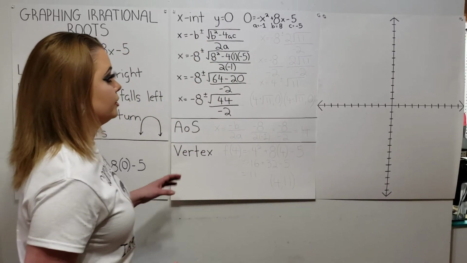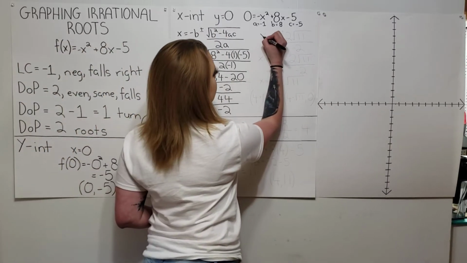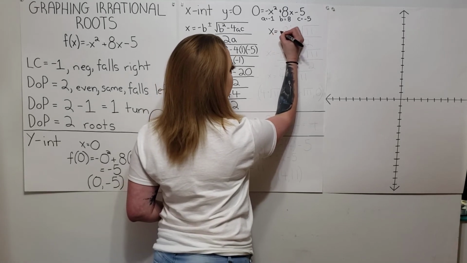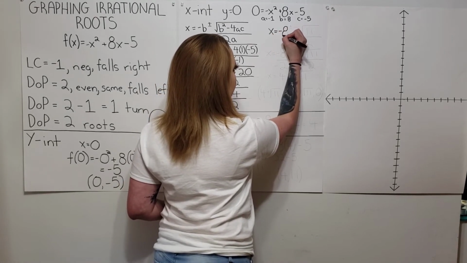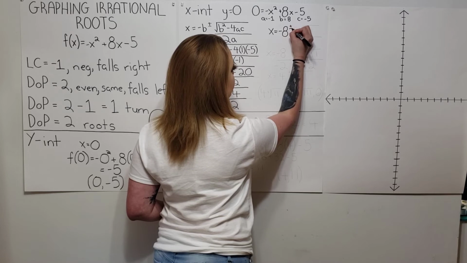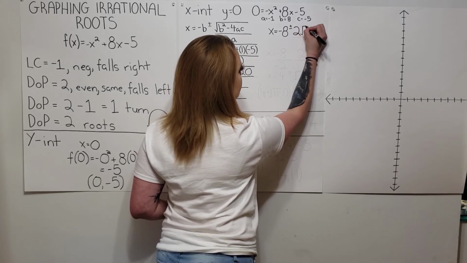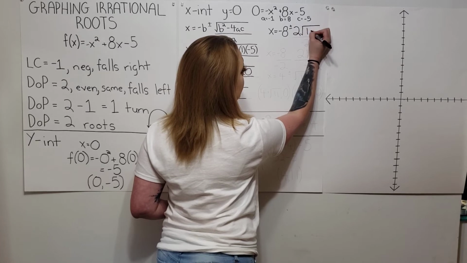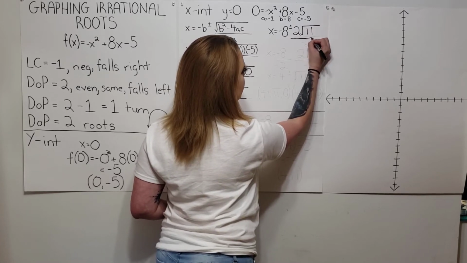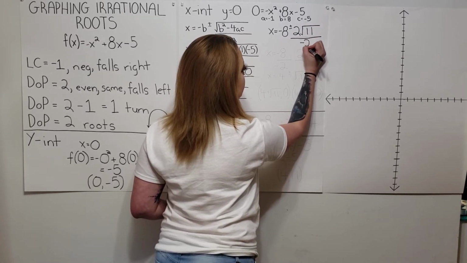We're going to simplify once more. x equals negative 8 plus or minus 2 times the square root of 11 over negative 2.